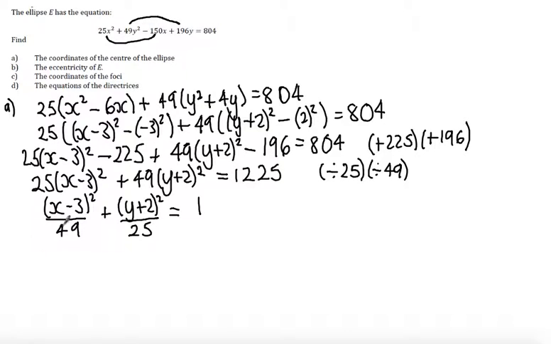So the centre of my ellipse, well, this is the ellipse with a equal to 7 and b equal to 5, and the centre is negative whatever's inside the bracket. So on the x coordinate it's going to be plus 3, and on the y coordinate it's minus 2.